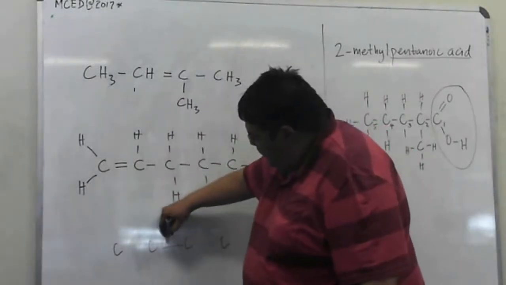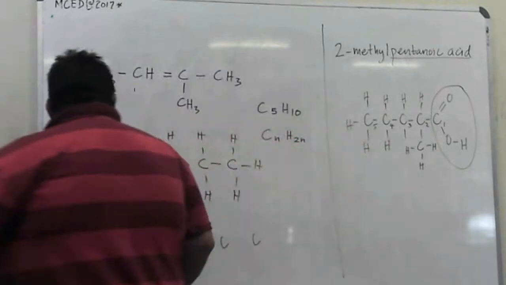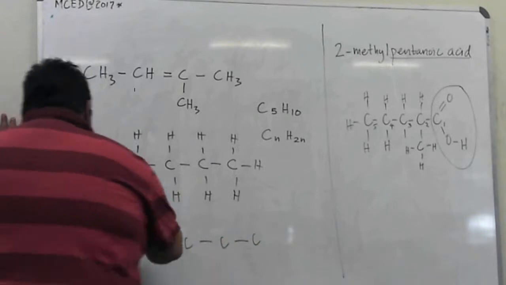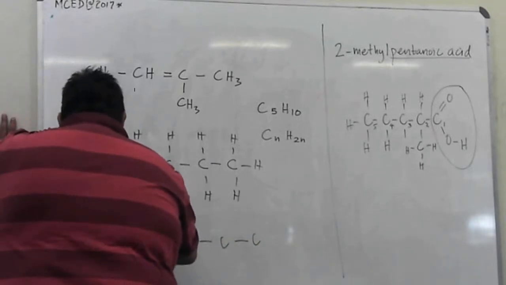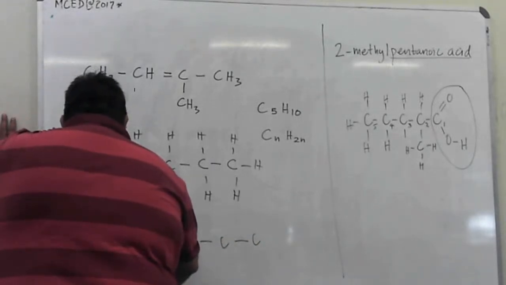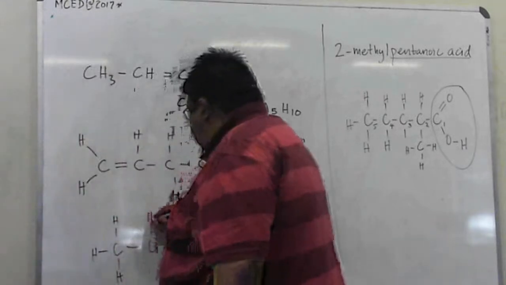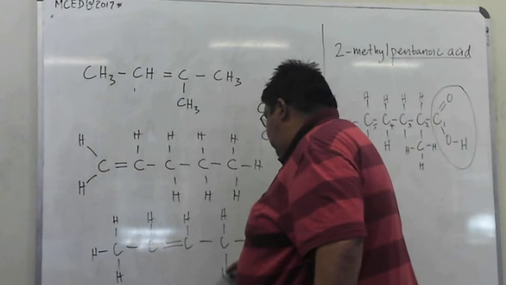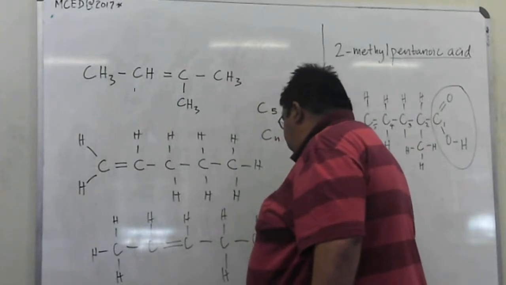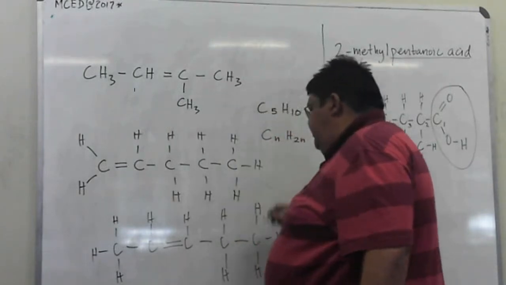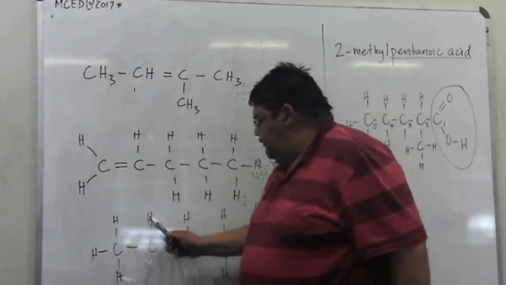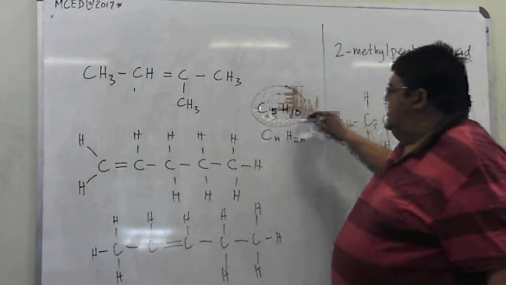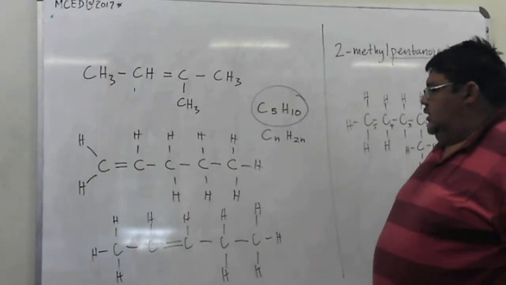Let's move the double bond over there. Put in my single bonds and use the rule of 4. 1, 2, 3 hydrogens over there. 1 hydrogen over there. 1 over there. 2 more over there. 3 over there, and if we add them up, it is 1, 2, 3, 4, 5, 6, 7, 8, 9, 10. So all of these are C5H10.